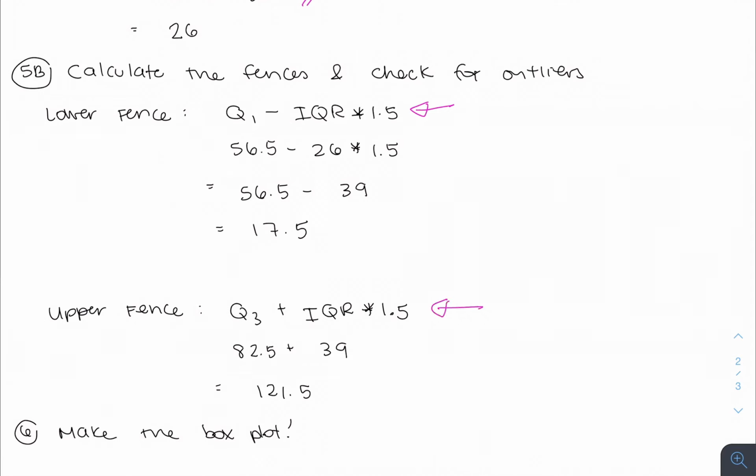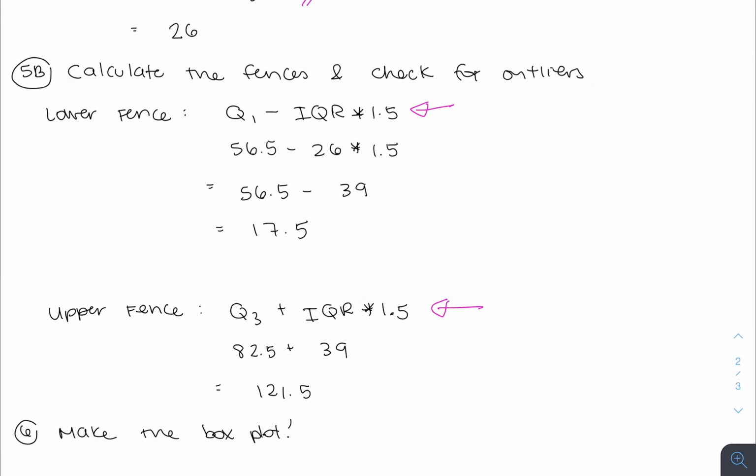For the lower fence, you take quartile 1 and you look for any values that are 1.5 times the IQR below Q1. That 1.5 just comes from, again, calculations mathematicians did, but it's just the distance away from Q1 and then half amount more.